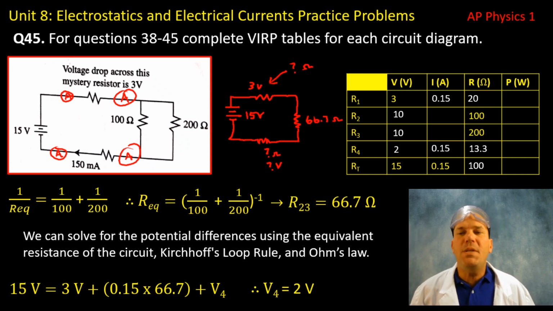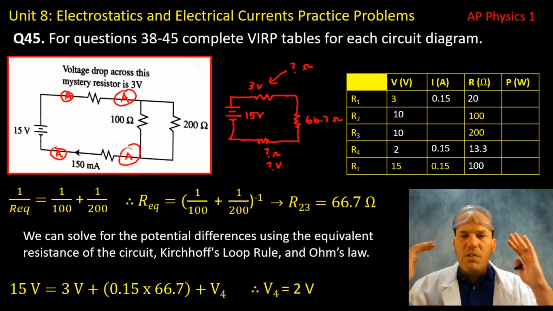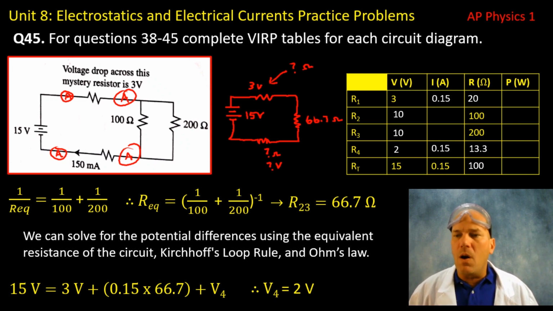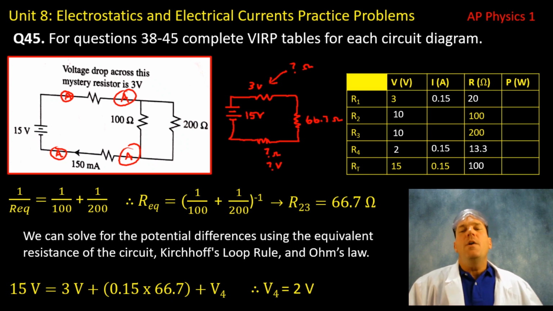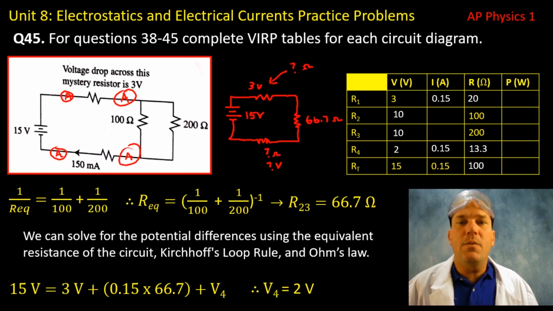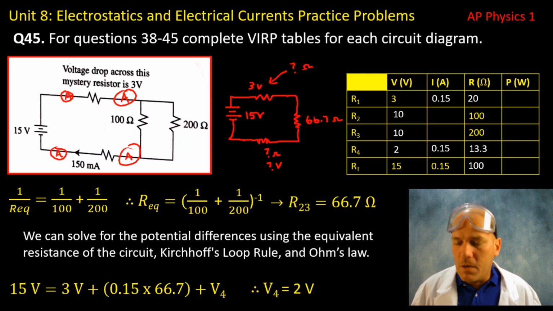We now know the potential differences across all of the elements of this circuit, R1 through R4. For R4, since we know the potential difference is 2 volts, we can use Ohm's law to calculate the resistance of R4 to be 13.3 ohms.